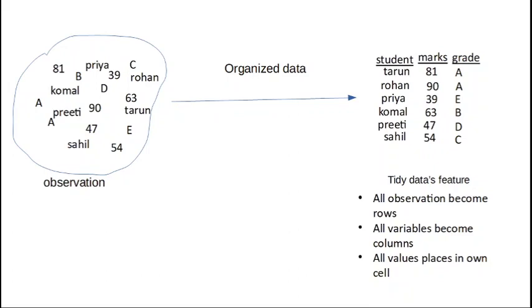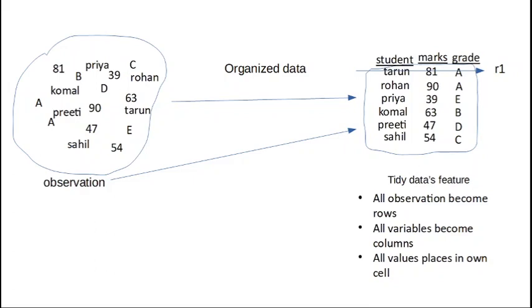If you have ever used an Excel spreadsheet, there are rows and columns. So similarly in tidyverse, all observations convert into rows. As you can see on the left hand side, there are observations, and on the right hand side it is an organized format of data, and all the observations become rows.